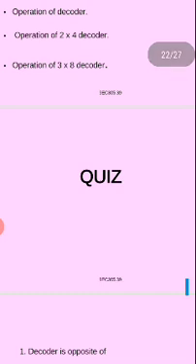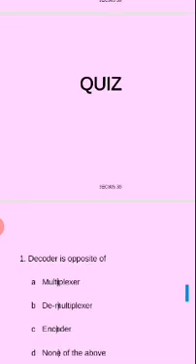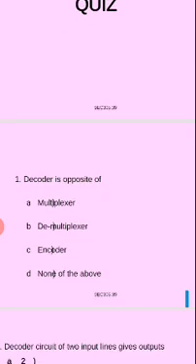Quiz. Decoder is the opposite of: multiplexer, demultiplexer, encoder, none of the above.